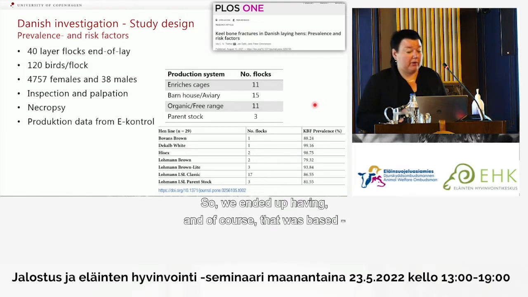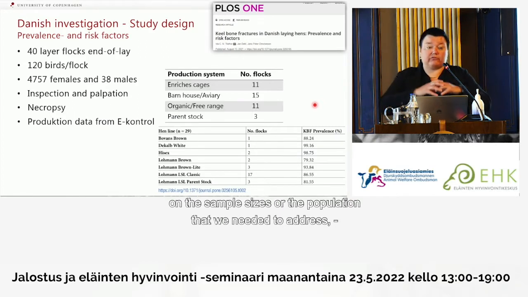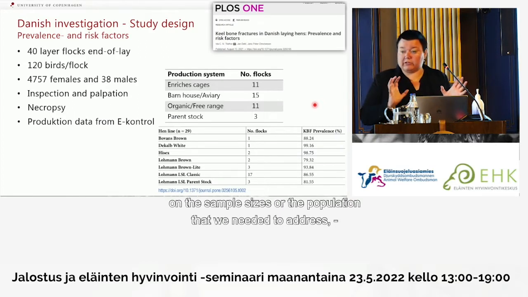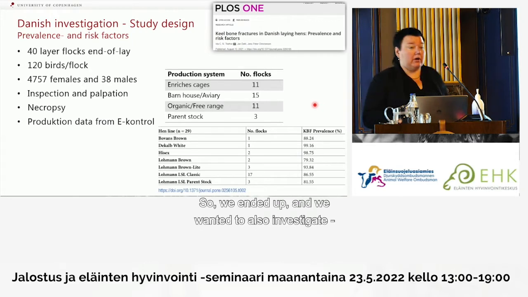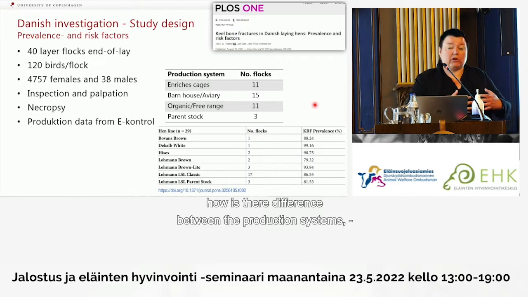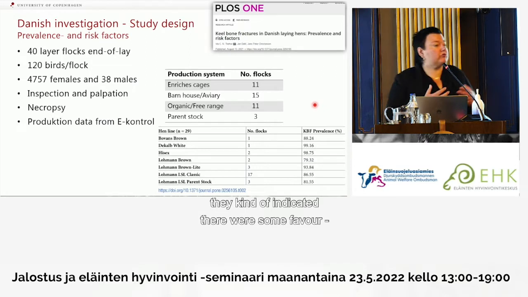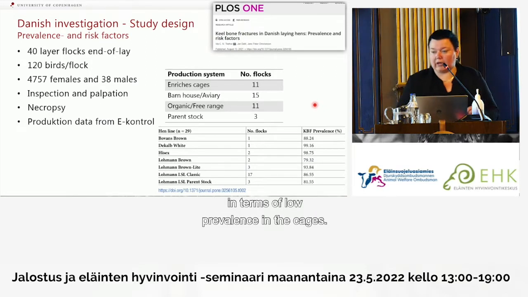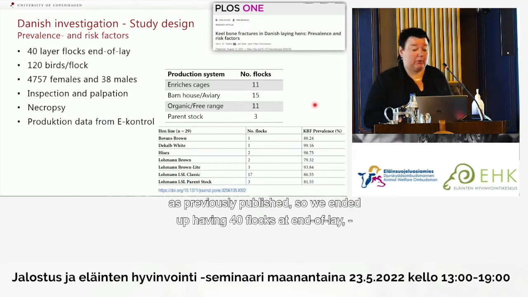And of course, the sample sizes or the population that we needed to address were based on the results that were previously published. We also wanted to investigate the difference between the production systems, because the previous studies indicated some favor in terms of low prevalence in the cages. So we would see if we could see the same pattern as previously published.